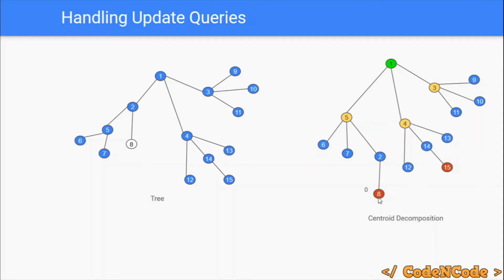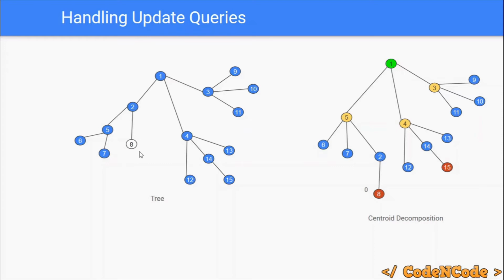Now since node 8 is at distance 0 from node 8, and the previous answer was infinity, of course 0 is smaller than infinity, so we would update the answer of node 8. Basically the node at minimum distance to node 8 is at 0, that is why 0 here. Now we will update 2. Initially in the array we have stored that the nearest white node from node 2 is at distance infinity.